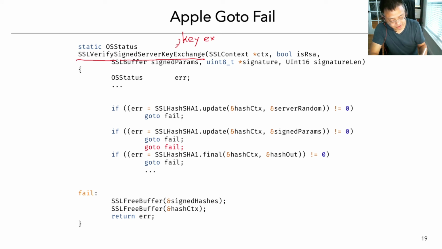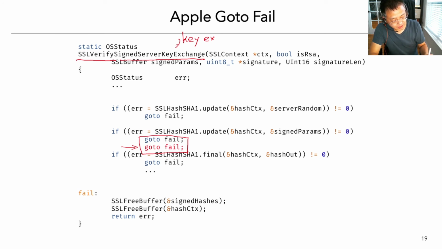If you look at this, here is a very suspicious thing. If there is an error, then you need to go to fail, right? But if you look at this, there is an extra line of goto fail. It means that no matter what, it's going to go to fail.